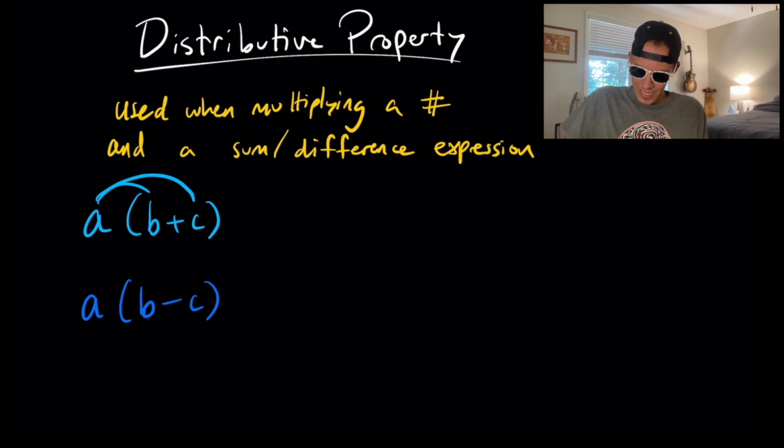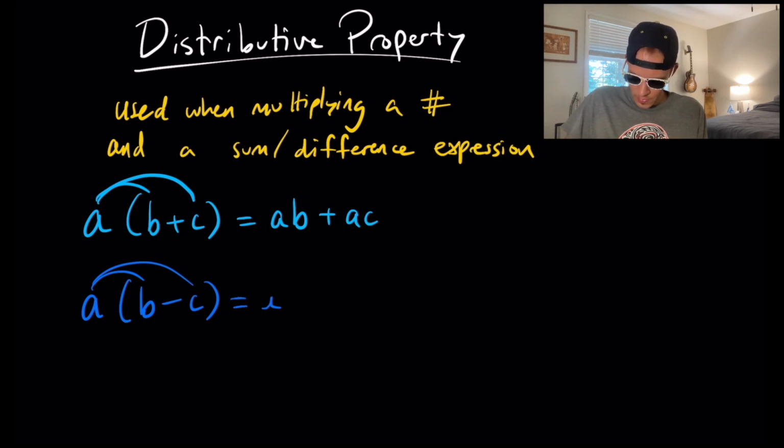We'll do A times B, which we can express like this, AB, plus A times C, or plus AC, I should say. Same thing down here, and it's no different even though there's a minus sign. So we'll do A times B, which is going to be AB, and then minus A times C.